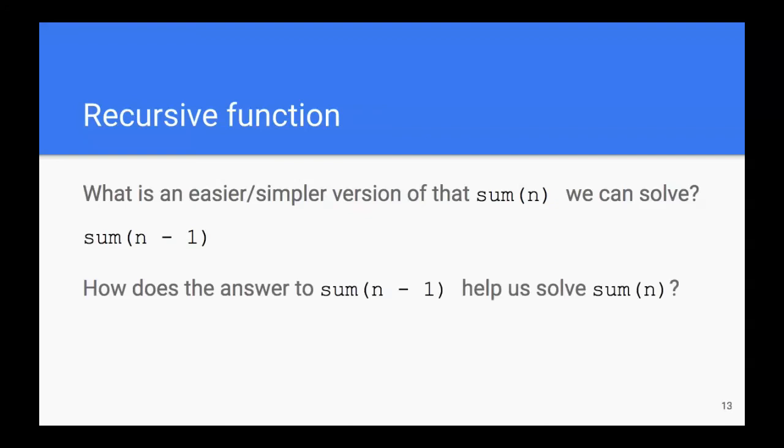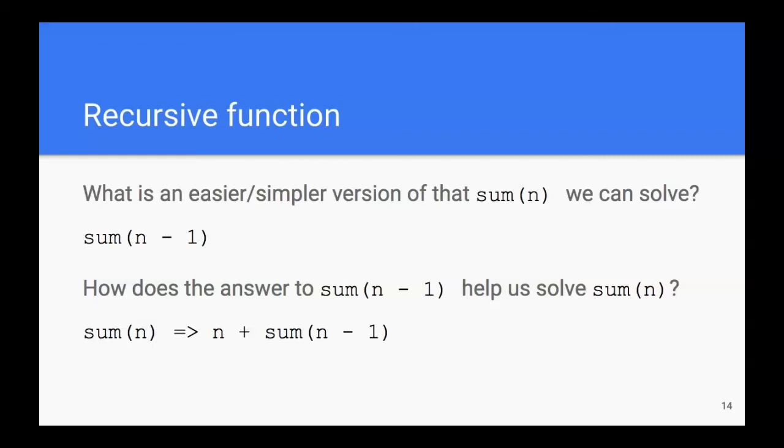The third question is, all right, assuming somehow we have the answer to sum of n minus 1, then how would the answer to that, the recursive case, help us to solve the problem we currently have, which is we want sum of n? Okay, so sum of n is really n itself plus the sum of n minus 1, right?